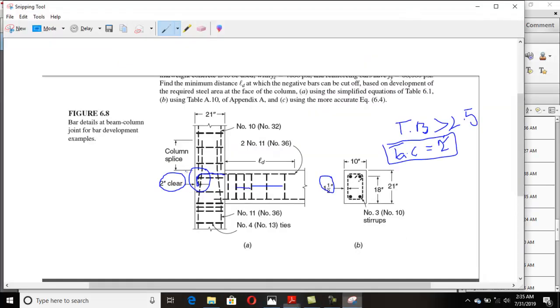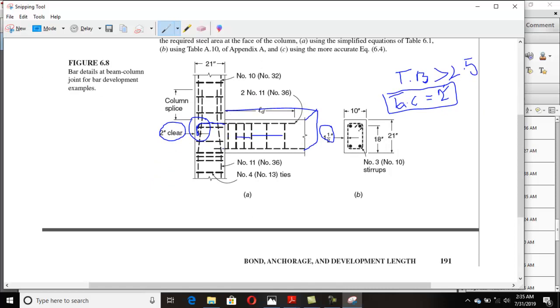This 16 inches means the column, into which the beam is inserted. If you draw the plan view of this beam column joint, you will see something like this.